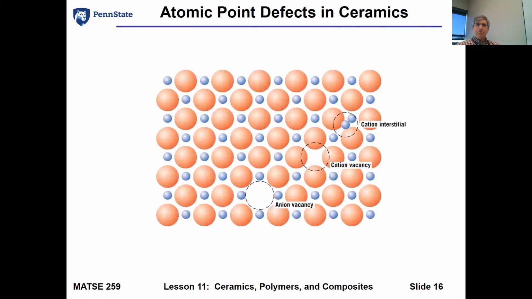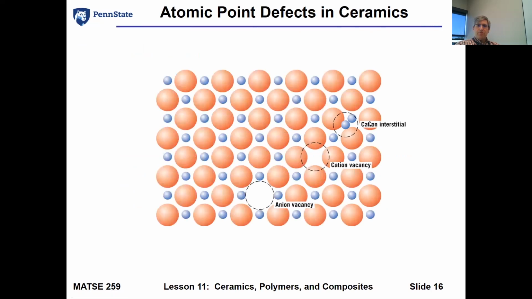Now, this leads to different types of defects, and atomic or point defects are really what are going to drive ceramics. The other thing to keep in mind, and I would really note this here, is that with these defects you always maintain charge neutrality. That electroneutrality concept for ceramics always stays around.